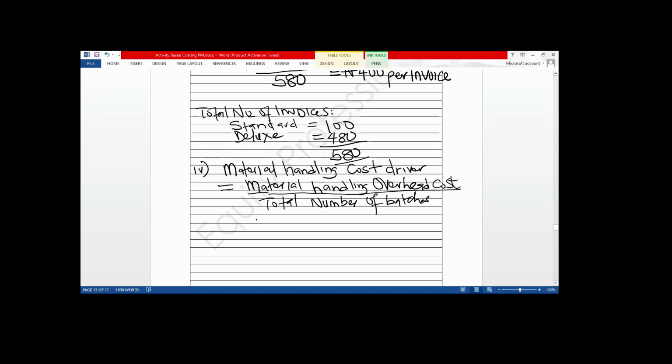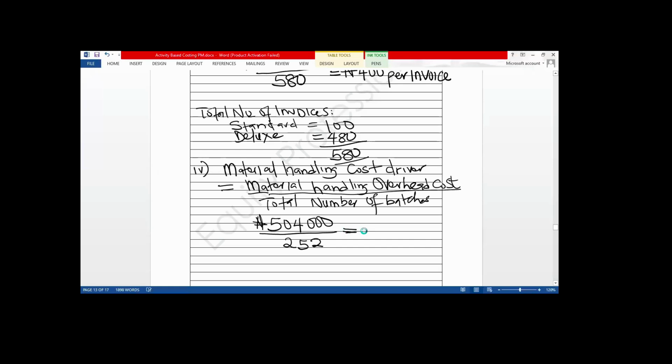Total overhead? 504,000 divided by total number of batches, 252 batches.